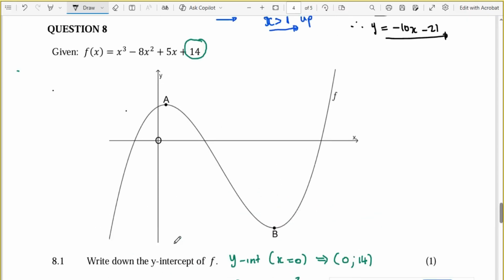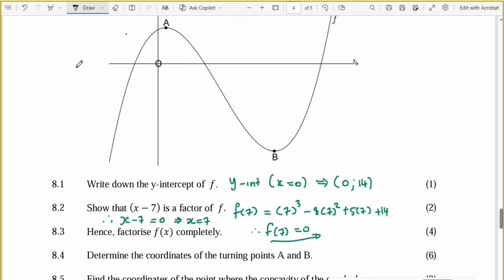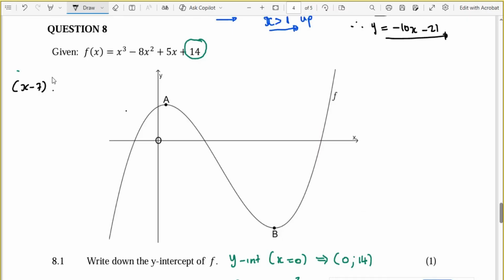Hence factorize. Hence means use what you already have. When you factorize, already we have x minus 7 as a factor. So I'm doing 8.3 now. When I have that as a factor, I'm going to open two brackets. We take the x to the power 3 divided by x, which gives us x squared.